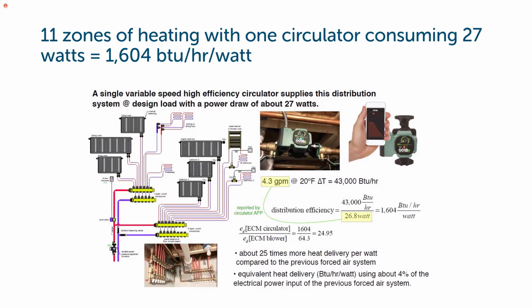Now, that being said, a lot of people go forced air because the client wants AC. Modern heat pump and low temperature hydronic systems can be utilized with air to water equipment to do heating and cooling within the same distribution, within the same supply system. With an air to water heat pump with a buffer tank, you can use that buffer tank as a hot water battery essentially for the heating season.